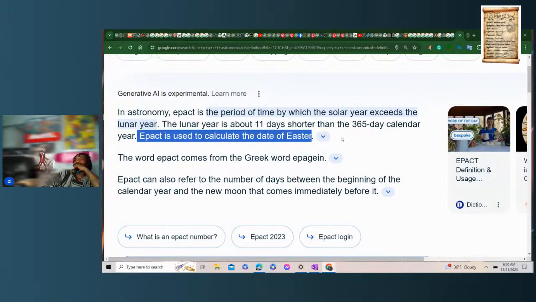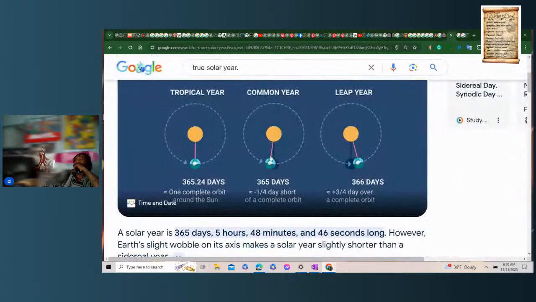Epact. So you have the moon phase directly lined up with the solar year. However you determine the year solarly, by the sun, you've got to line that up with the direct moon phase.